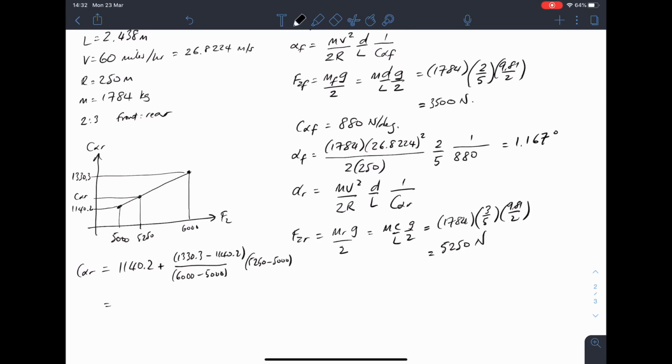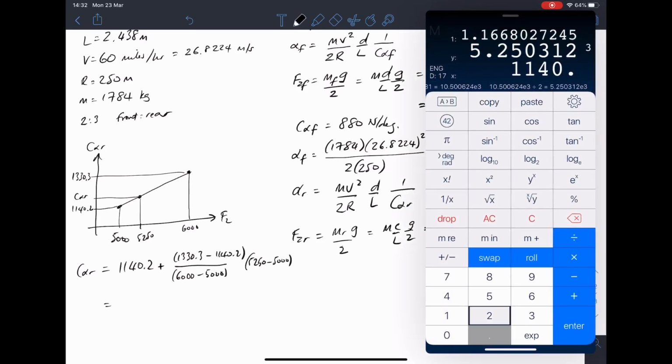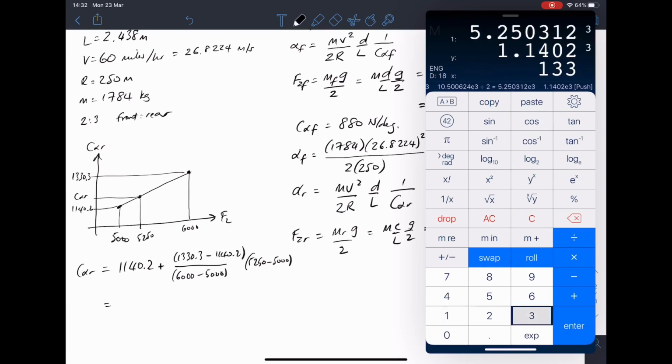So again, sums: 1330.3 minus 1140.2, over 1,000, times 5250 minus 5,000, subtract that. So we divide by that, multiply by that, and add that.